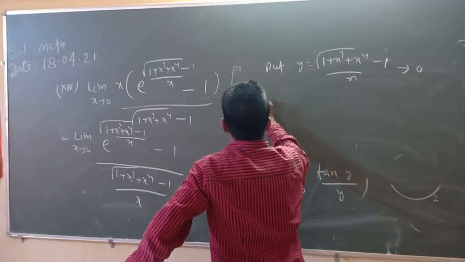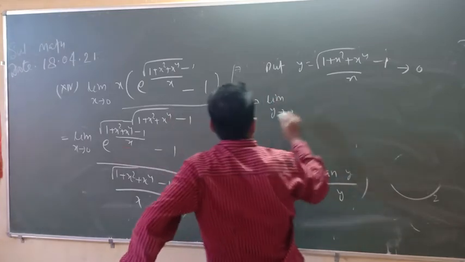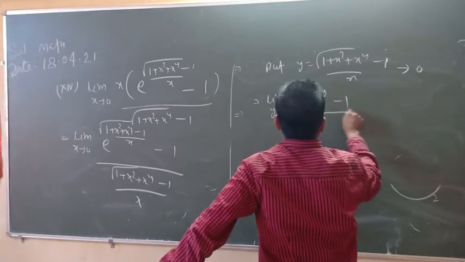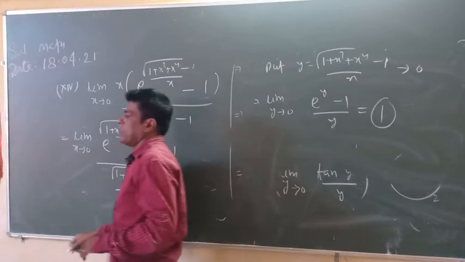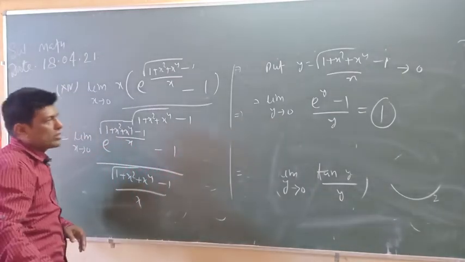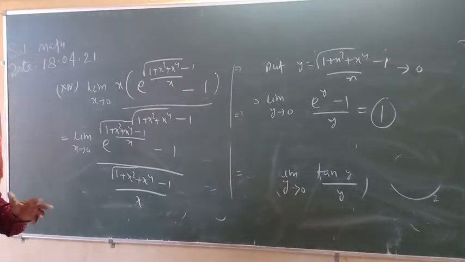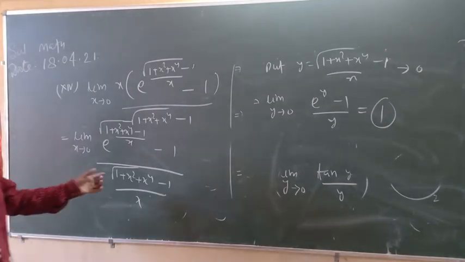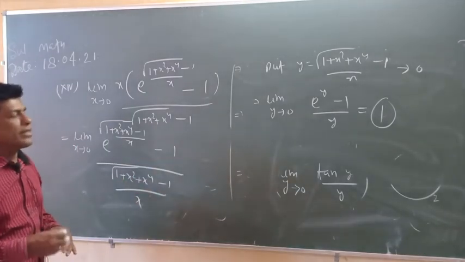Put limit y tends to 0 in this part: e to the y minus 1 by y. No doubt that is 1. Answer is 1. It is a very easy question, a very easy process. Only put (1 plus x square plus x^4 root minus 1) by x is equal to y, because y tends to 0. So that part e to the y minus 1 by y, according to the formula, becomes 1.